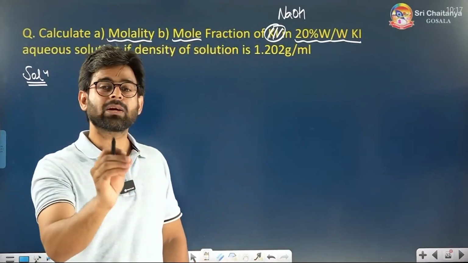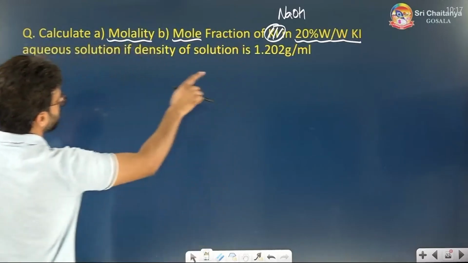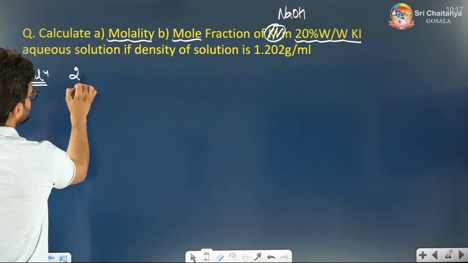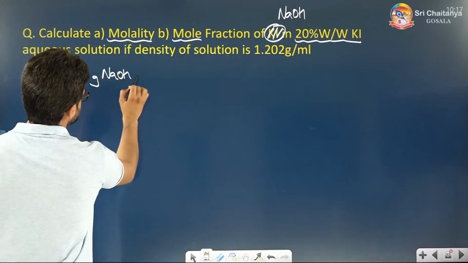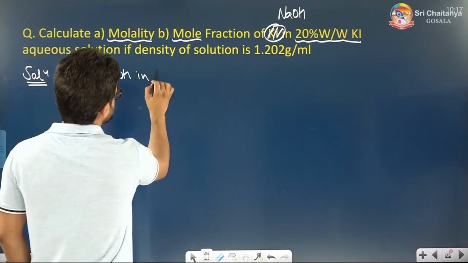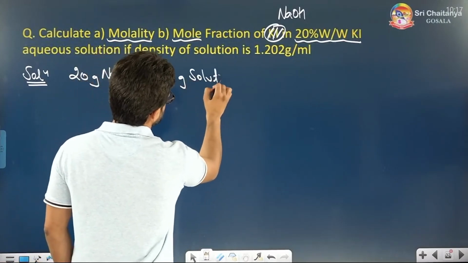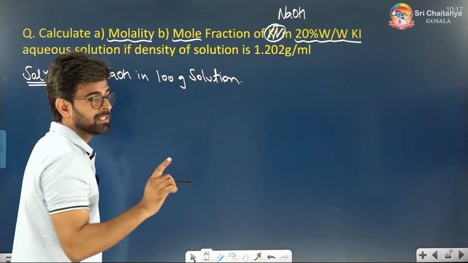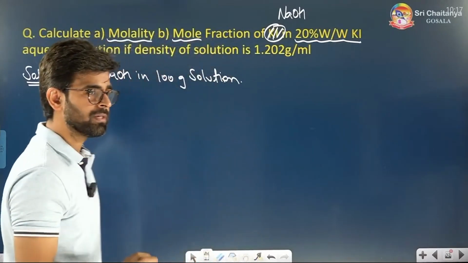But just to make calculation easy, take NaOH here, right? What does that mean again? It means 20 gram NaOH in what? In 100 gram solution. 20% weight by weight means what? 20 gram NaOH in 100 gram solution.